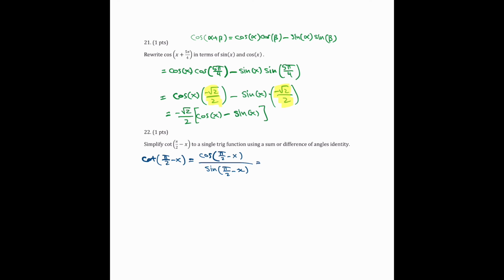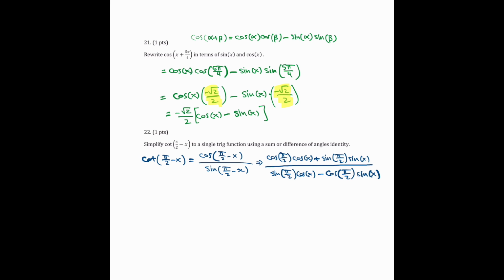I know the numerator is going to be cosine pi over 2 cosine x plus sine pi over 2 sine x, divided by, the denominator is sine pi over 2 cosine x minus cosine pi over 2 sine x. I'm using the difference formula for sine and cosine in this case.